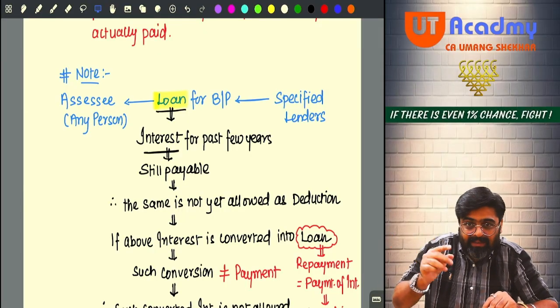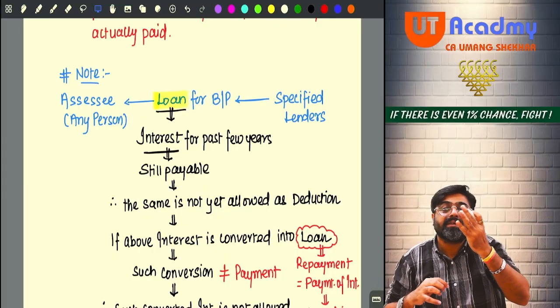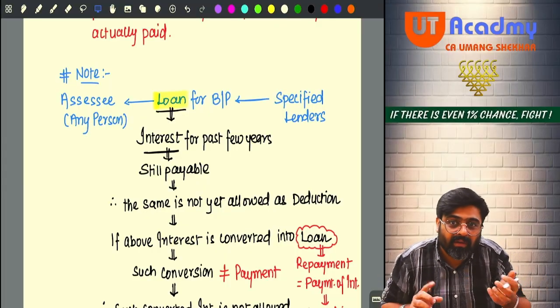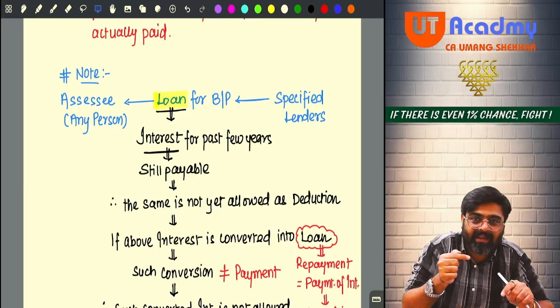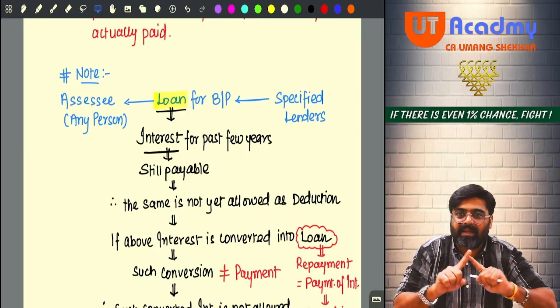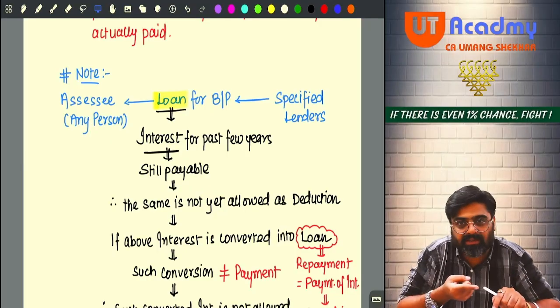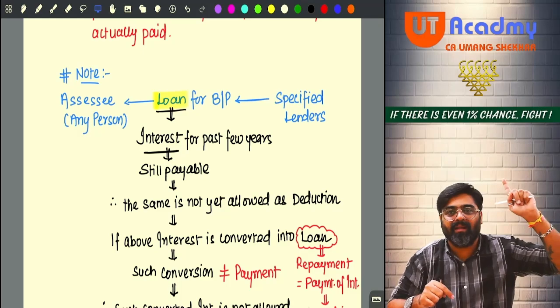Converting the outstanding interest into a fresh loan is not a payment of that interest. So in the year in which it is converted, you are not going to get any deduction for that interest, saying that it is paid.